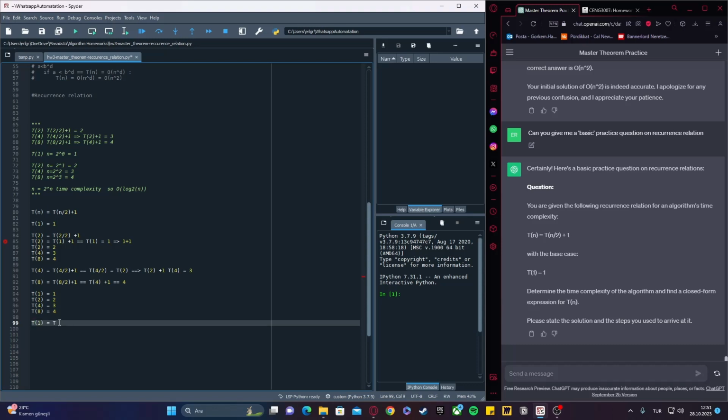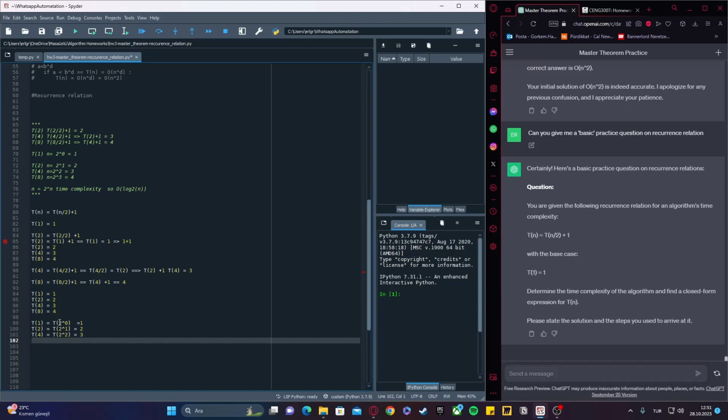We can write it like T(2 power 0) equals 1, and T(2 power 1) equals 2, and T(2 power 2) equals 3.